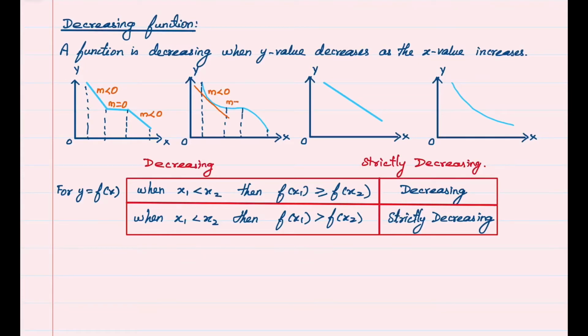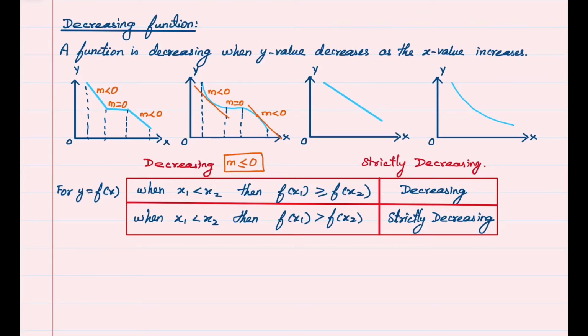Therefore, the slope is equal to 0. And in the third interval, if we draw a tangent at any point in this interval, this also makes an obtuse angle with the positive direction of x-axis. Therefore, slope of the curve in this interval is also less than 0. See the first two figures. We can say that for a decreasing function, m should be less than or equal to 0.